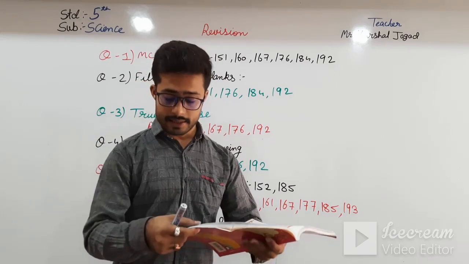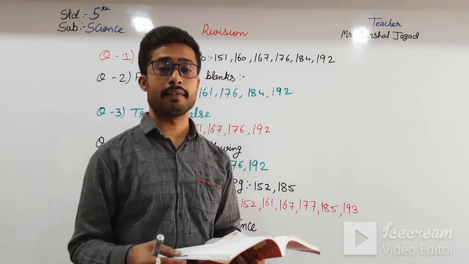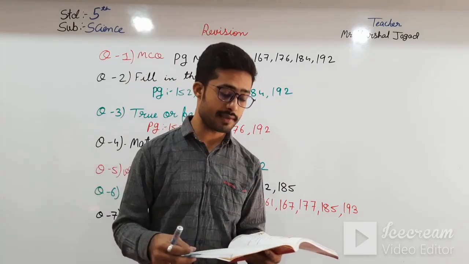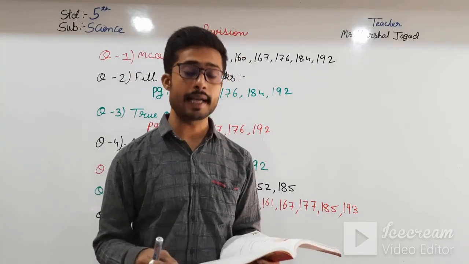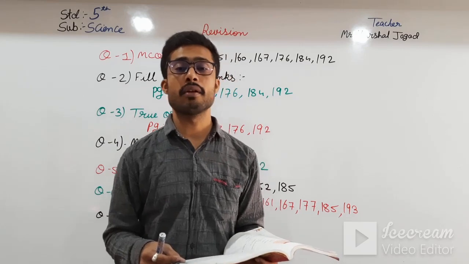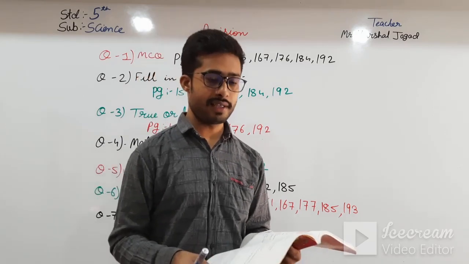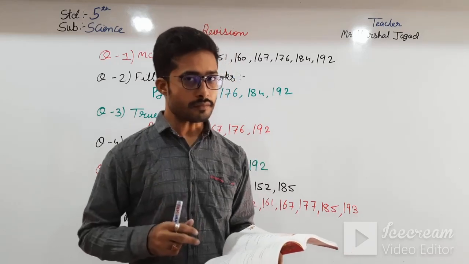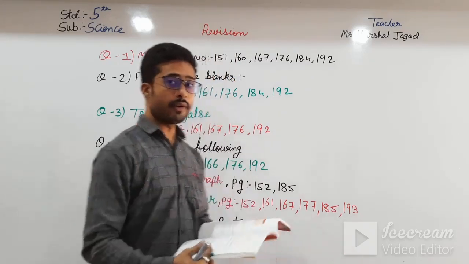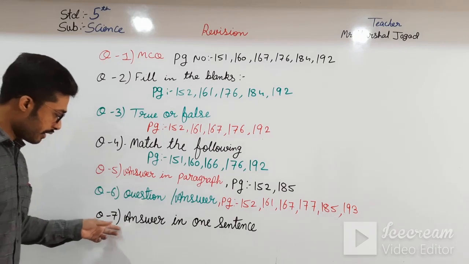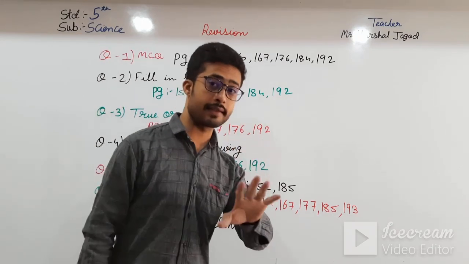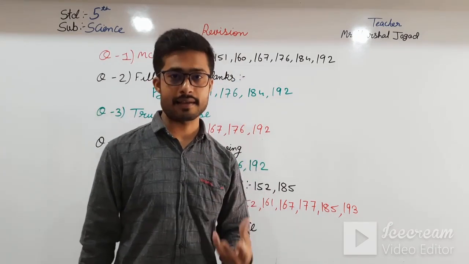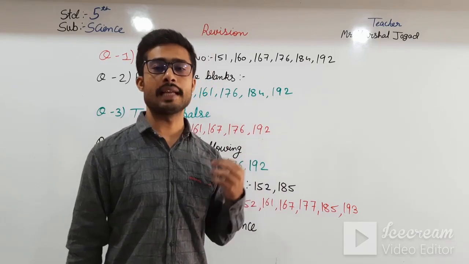See here, on page number 177, question number 5, that is answer the following question. So in that I am giving you an example of this question number 7, answer in one sentence. How I have asked, I am just giving you an idea about that.